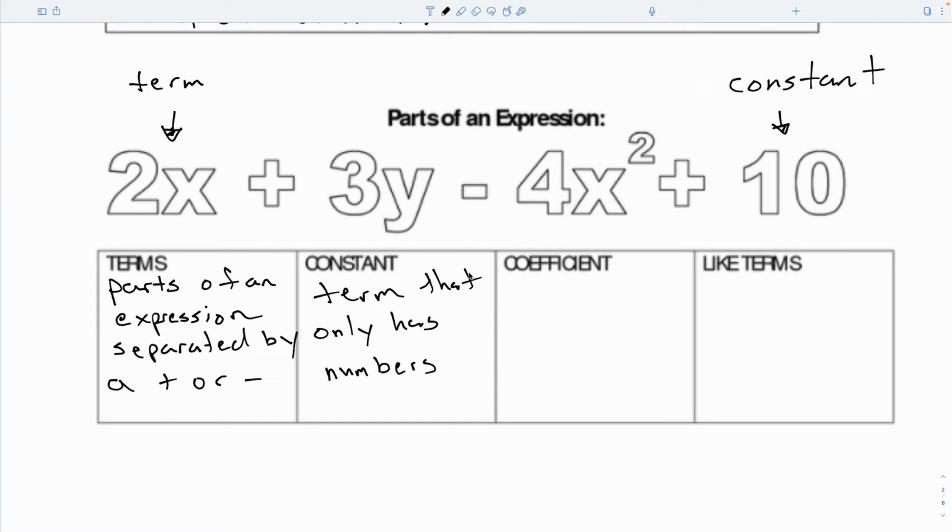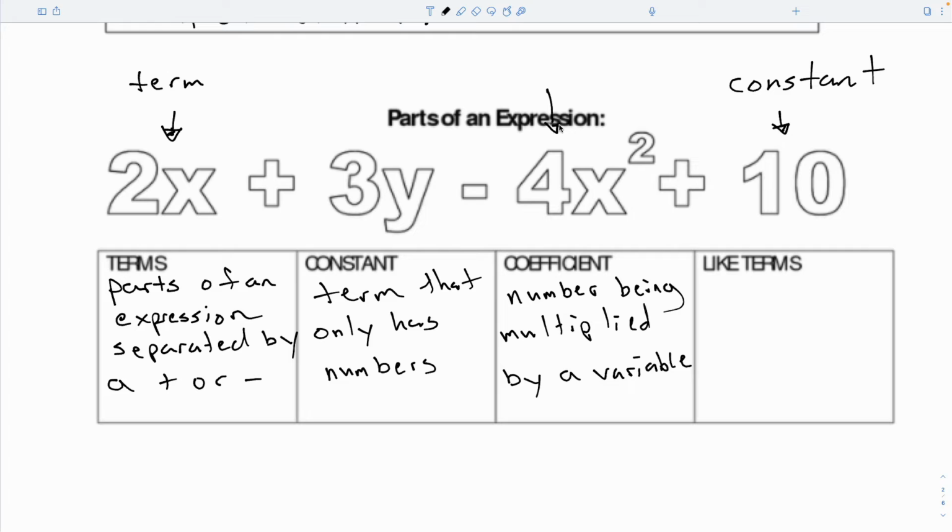It's called a constant. The coefficient is a number being multiplied by a variable. There are 3 different coefficients. Who can tell me one of them? There are 3 coefficients. Avery. 4x. Close.